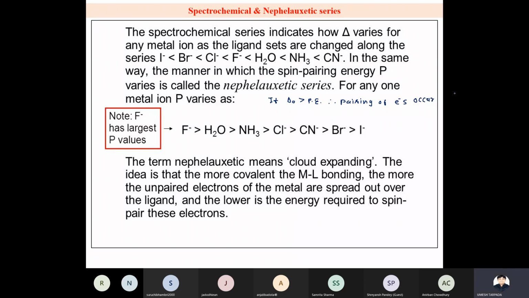As a result, what happens? If electron gets paired, the complex is called a low spin complex, and that is possible with a strong field ligand. But if pairing energy is greater than octahedral splitting, then there is no pairing of electrons.